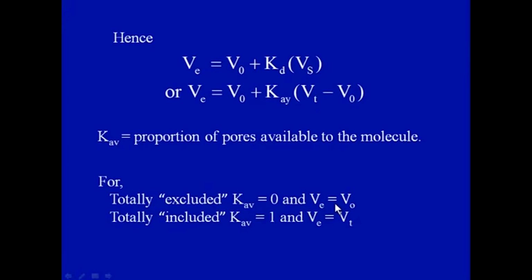For a totally included molecule, there is no fractionation happening, and the elution volume will be almost equal to the total volume of the column. The intermediates could then be separated in between, with values between 0 and 1.